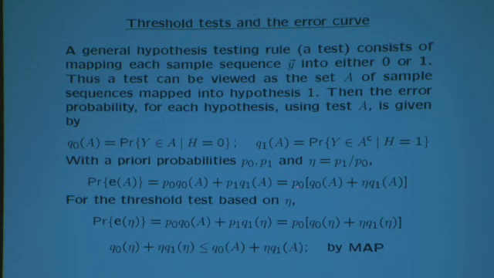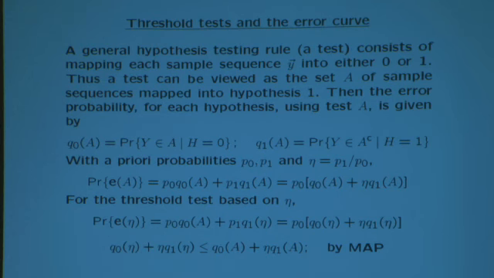I add these two up. I can write it this way. Don't ask why for the time being. I'll just take the P0 out. So it's Q0 of A plus P1 over P0 times Q1 of A. So that's what I've called eta times Q1 of A.